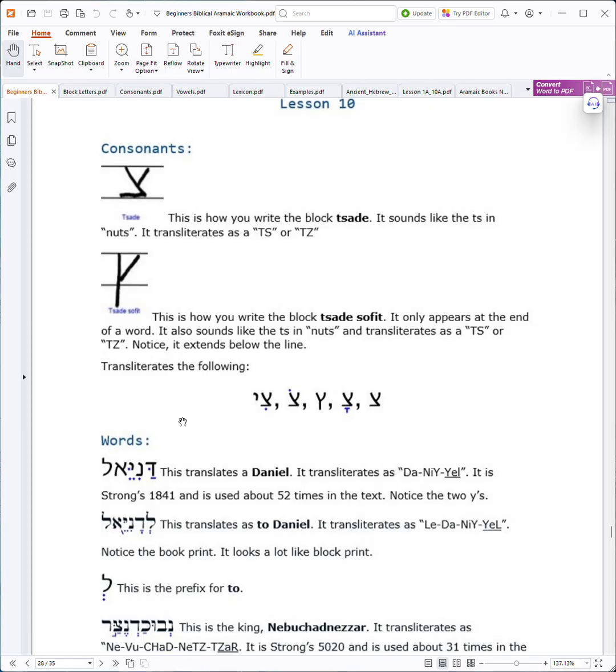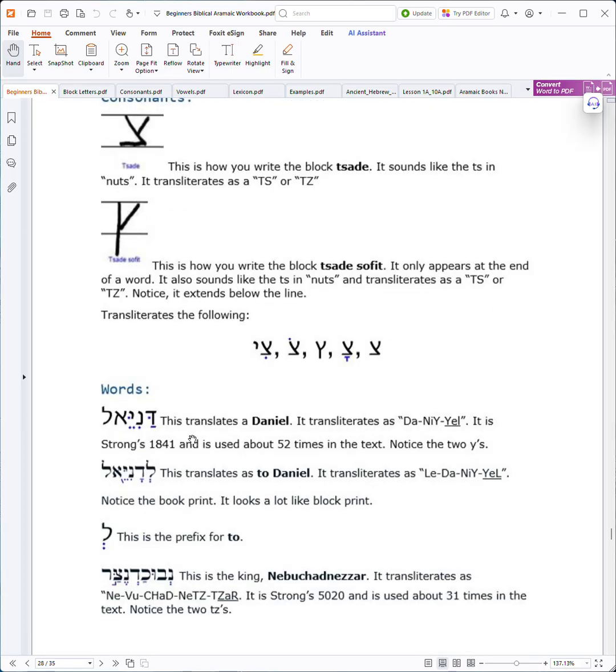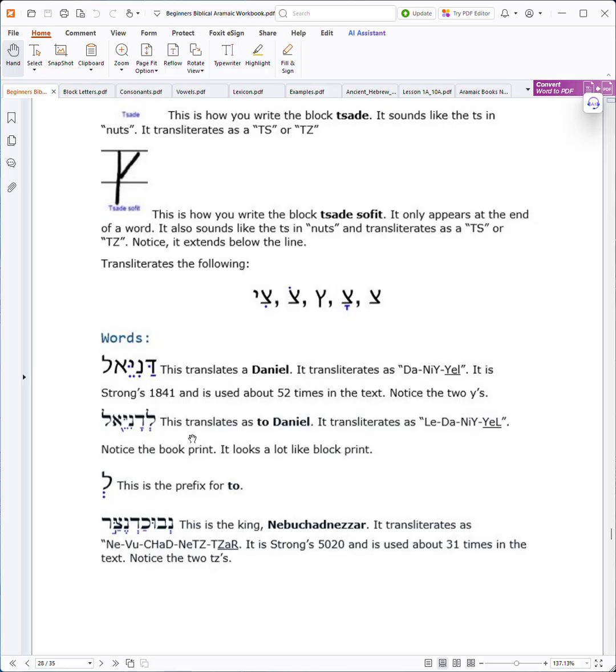Okay? So now we come to the next word, which is Daniel. And this translates as Daniel. It's used about 50 times in the Aramaic portion of Daniel and Ezra.